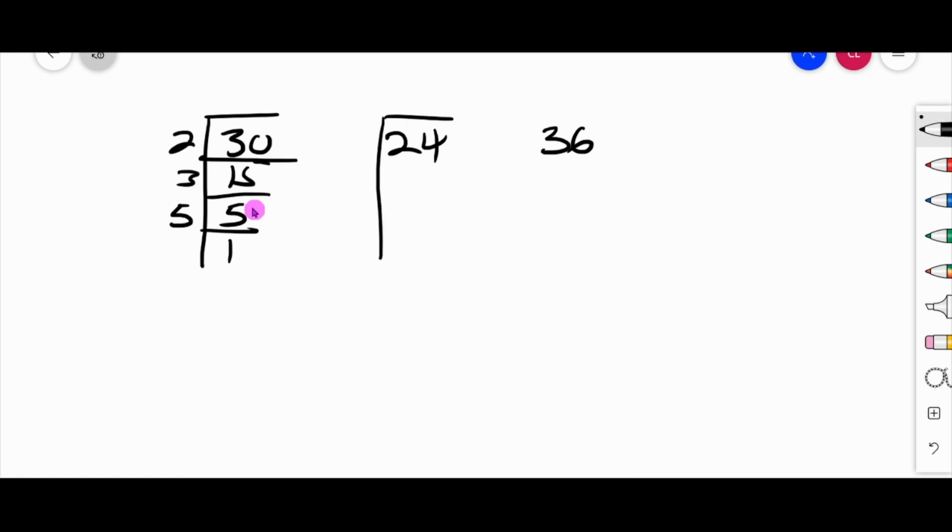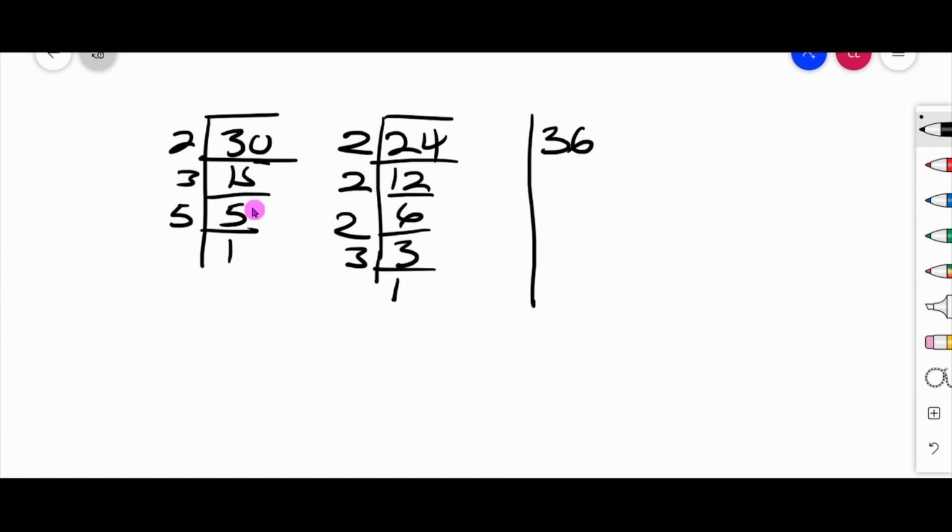Let's go. 2 can go into 24 12 times, 2 could go into 12 6 times, 2 could go into 6 3 times, and 3 into 3 1. 36. Let's use 2. 2 could go into 36 18 times. 2 could go into 18 9 times. 3 into 9 3, and 3 into 3 1.